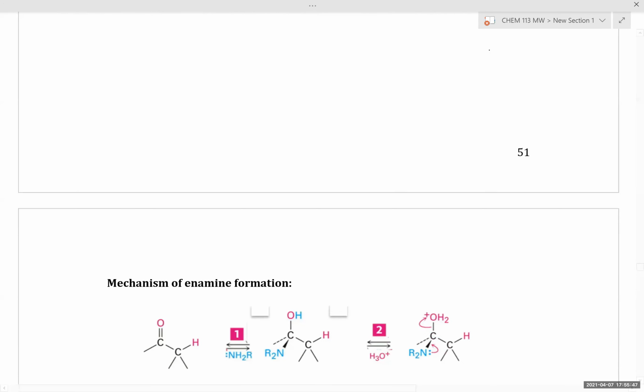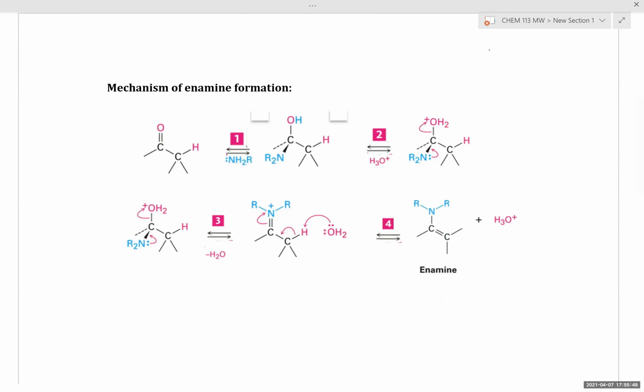Okay, so we've seen the mechanism for imine formation. Now let's talk about enamine formation. The first step in this process is almost identical to previous steps. So the first thing that's going to happen is we are going to activate our carbonyl. So let's show this activation step.